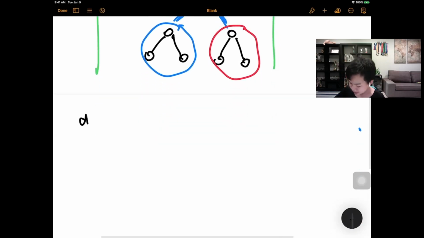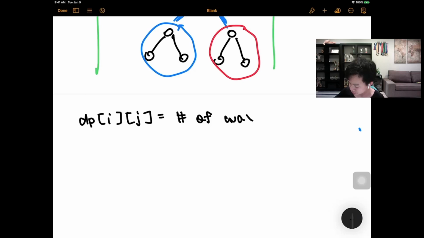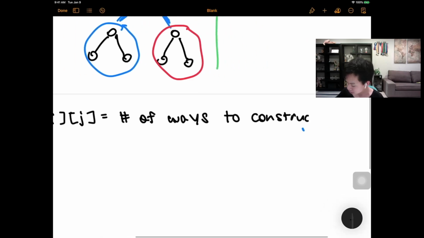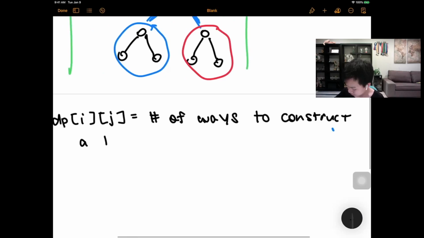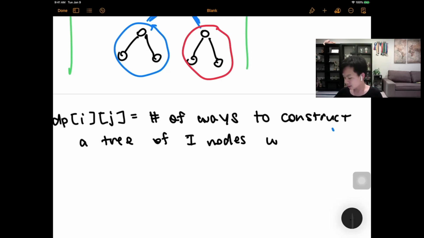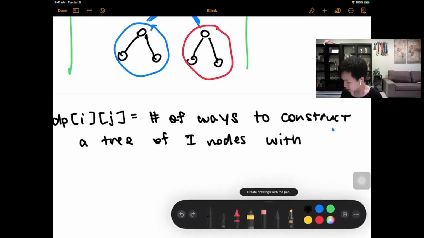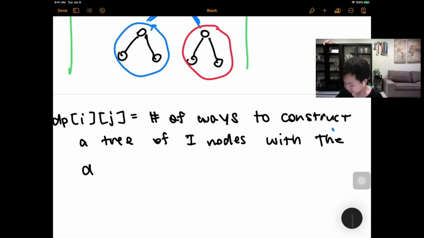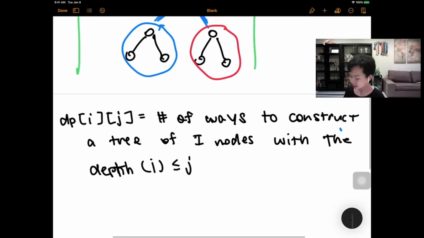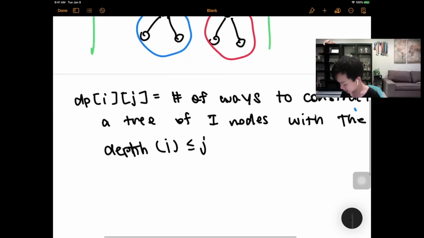DP of i, j is equal to the number of ways to construct a tree of i nodes with the depth less than or equal to j. Actually, the depth is the height.